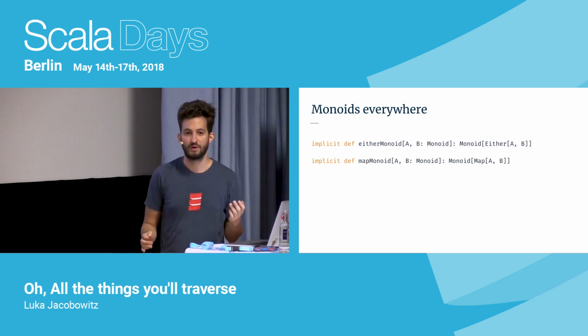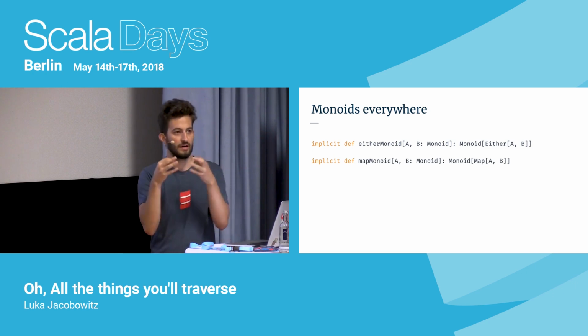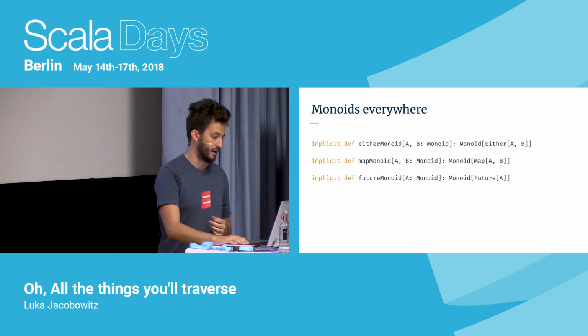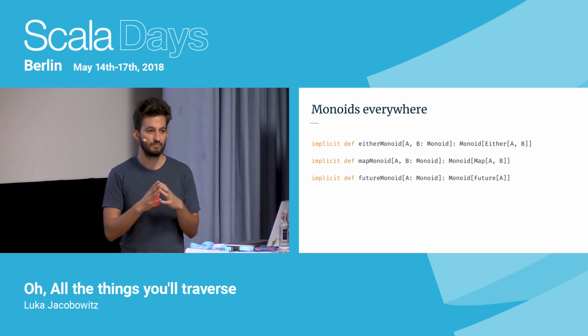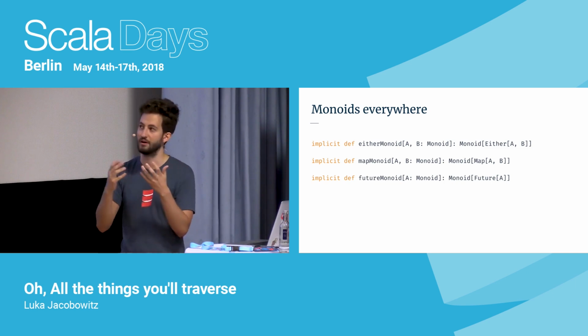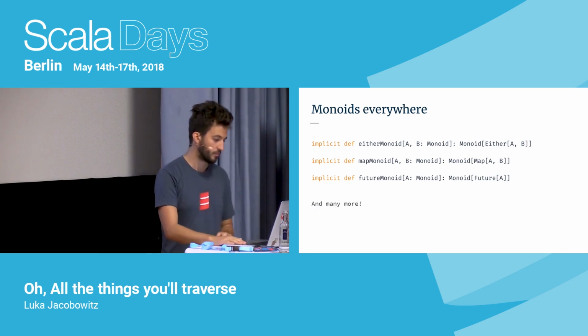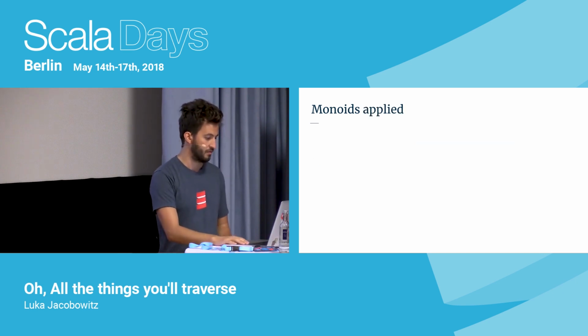If we have two maps, we can combine them. If they have the same key, then we can combine the values of those keys. And Future is also a monoid. If you have two futures, we can combine them so that they will both be run, and when they're done, we combine the resulting values. And there are many more that I couldn't possibly list because there are too many, right?